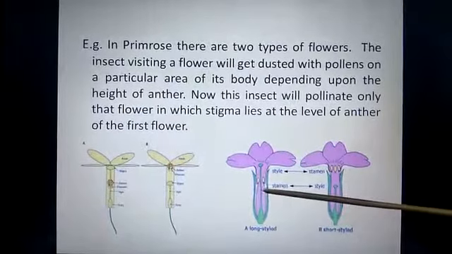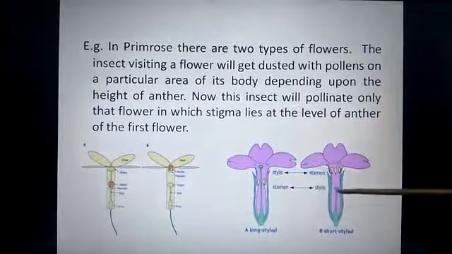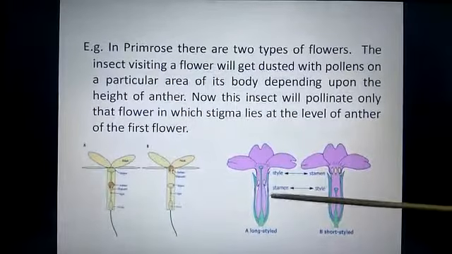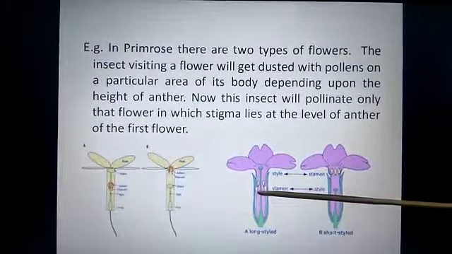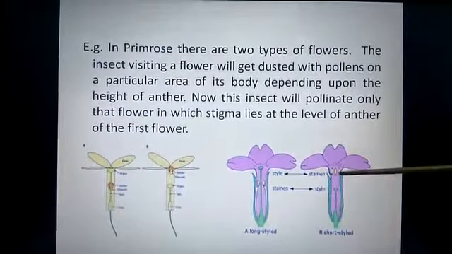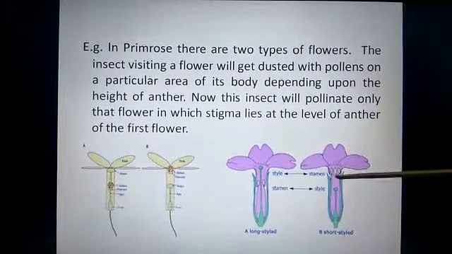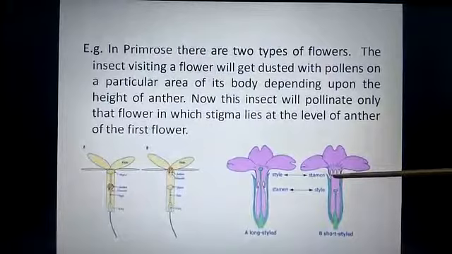The insect is going to dust the pollen on the stigma that lies at the same level as the stamen of the first flower. Here also, same thing. If the insect visits the second flower, you can see the anther is here. The pollen will be dusted on the body of the insect.